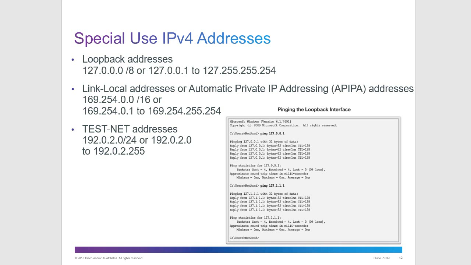So that's typically 169.254.0 through 169.254.255.254. If you see 169.254 and they ask you what it is, it's going to be an APIPA. You also have test net addresses, which are used for testing. So know that range as well.